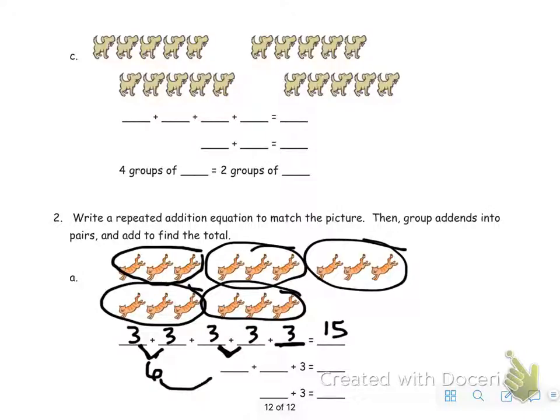Then you take this number and you put it right here. You take the number from this one and you put it right here, and then it's 6 plus blank plus 3 equals blank. And then of course you would just take these two, add them together, and put it right here.